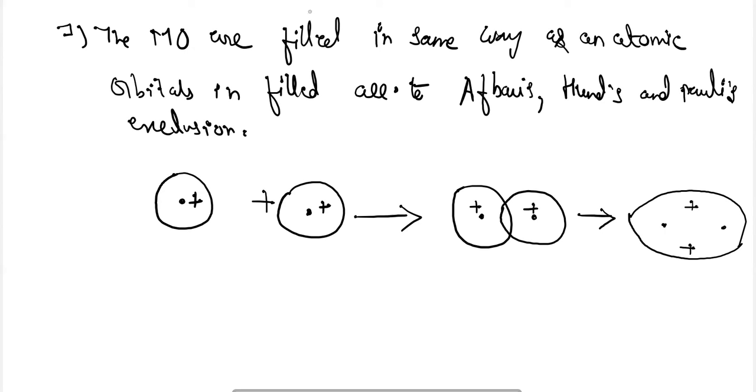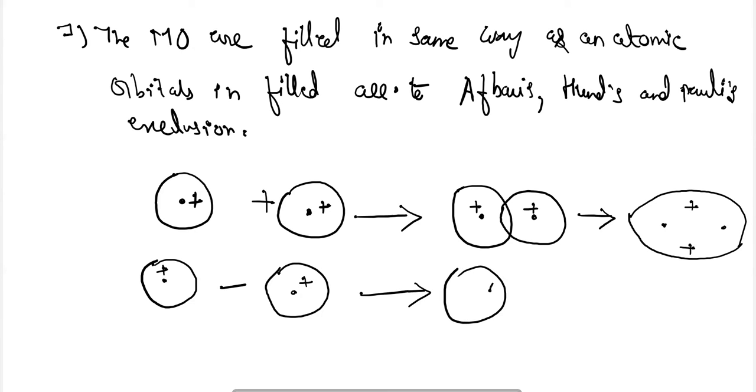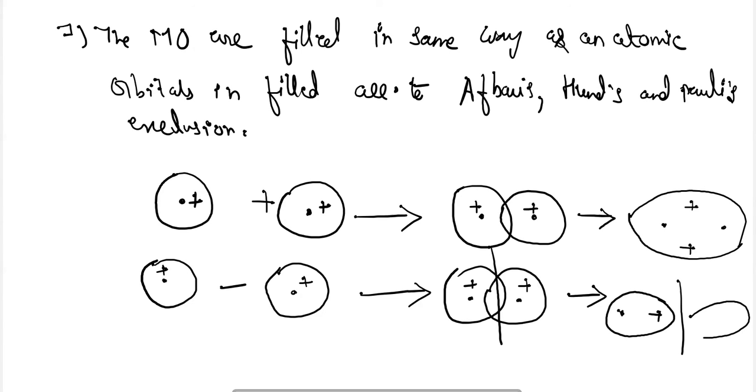This is the bonding molecular orbital. And for the anti-bonding molecular orbital, it will be minus, so separation will take place, and due to this reason the anti-bonding orbital will have a shape something like this.